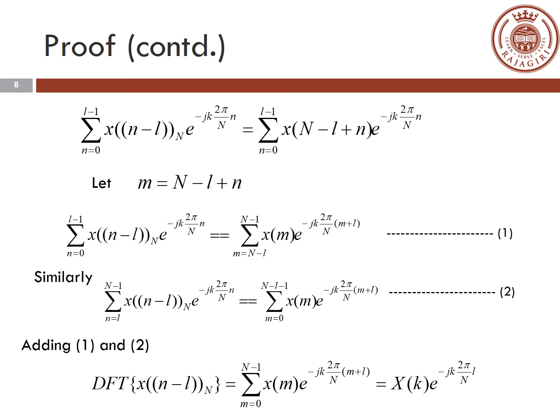So this is how we do the proof for circular time shifting. Now, unlike the linear time shifting properties for the previous scenarios, where it was an easy derivation, circular time shifting involves many more steps.